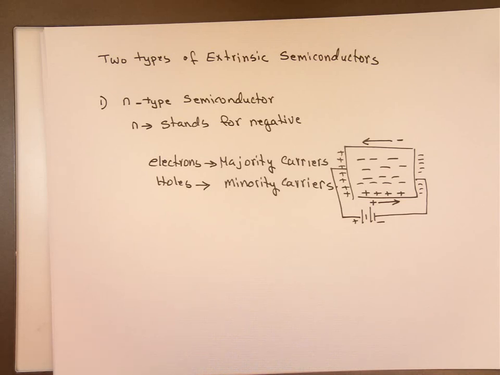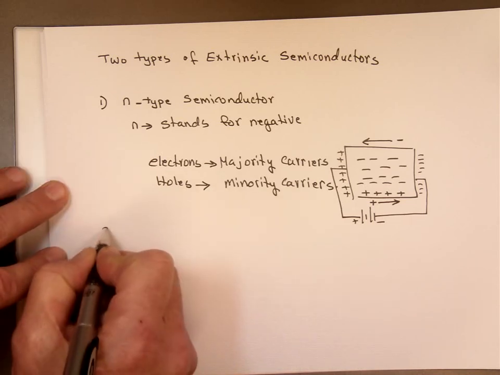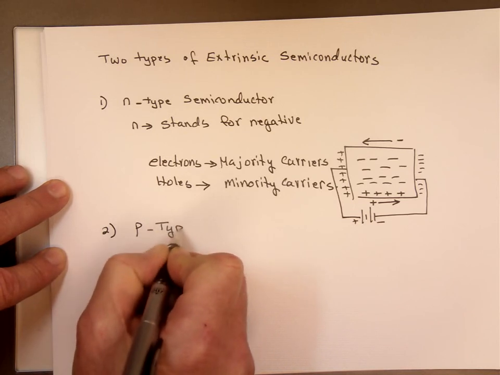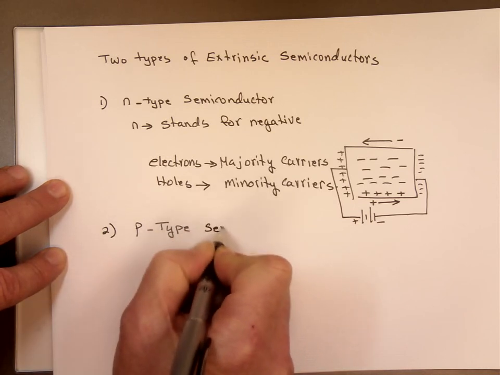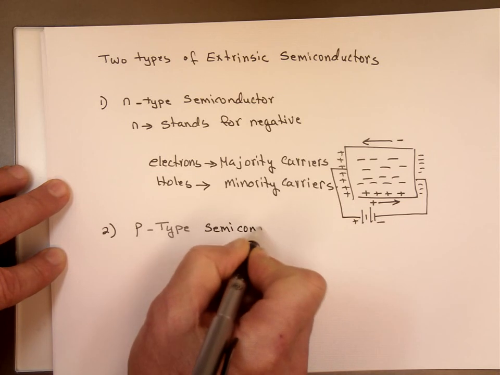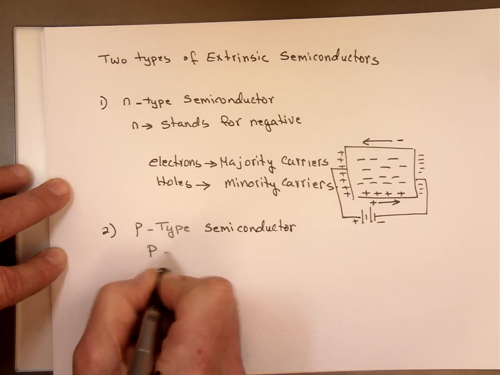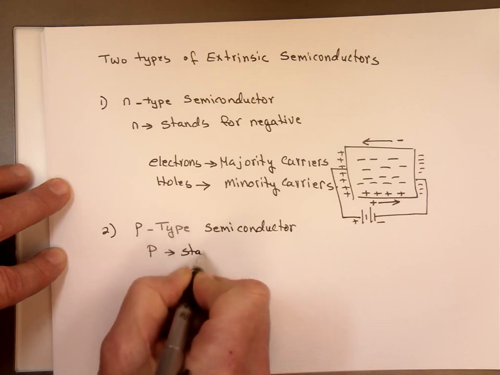Now the other type is called the p-type semiconductor. And you probably guessed it by now, the P stands for positive.